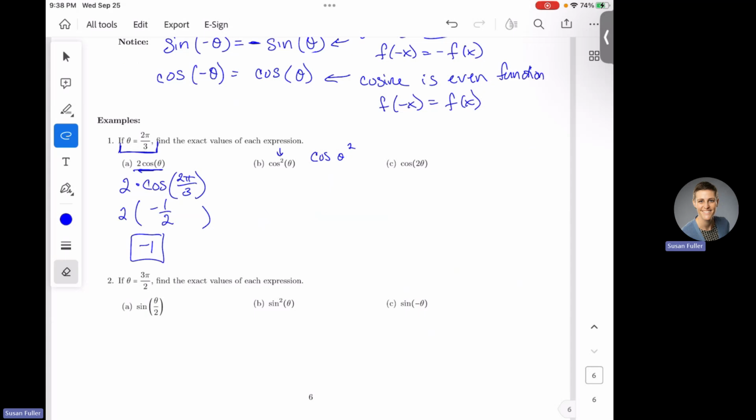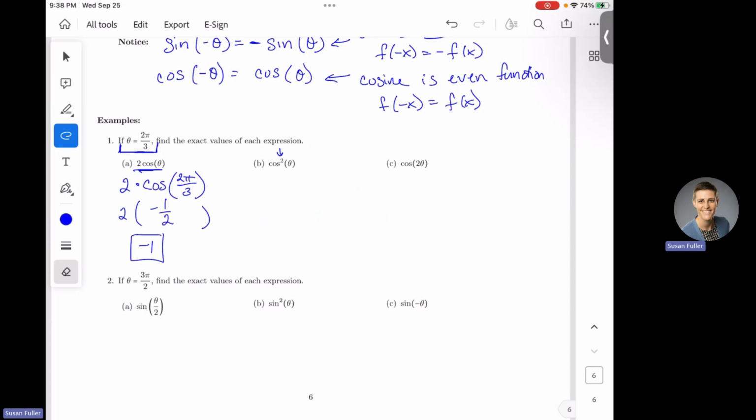Does this mean that I'm taking the cosine of theta squared? Or does it mean that I'm taking the cosine of theta and squaring it? Those two operations are not the same. They're different.